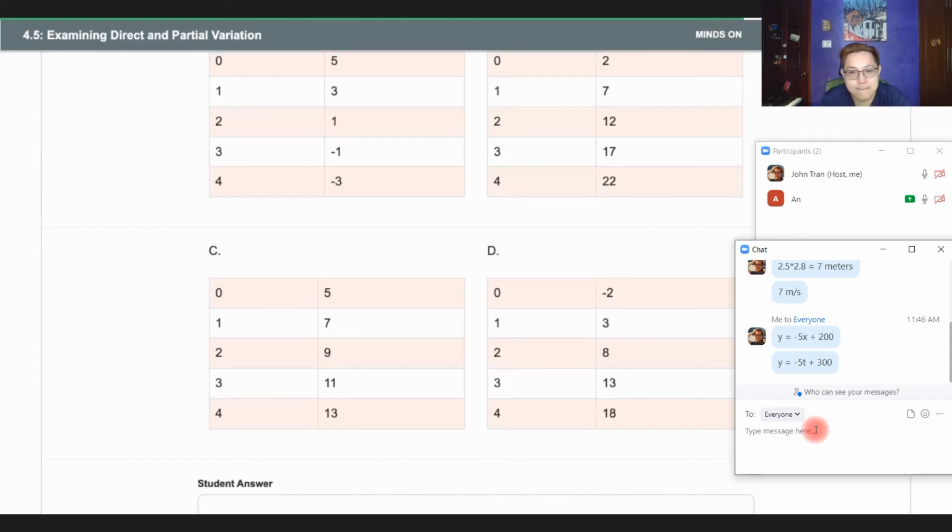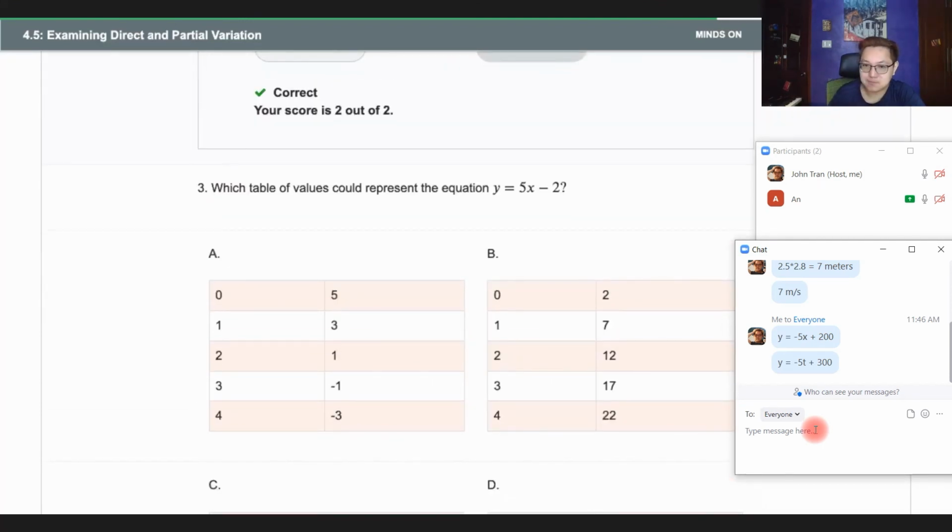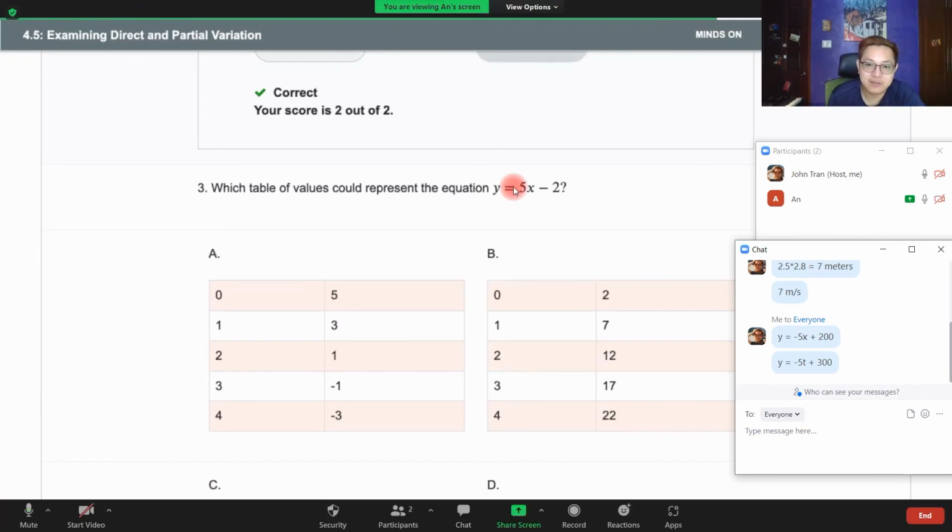Let's see. I think it's A. No, it's not. Because y equals 5x minus 2, so the graph should go up, right?